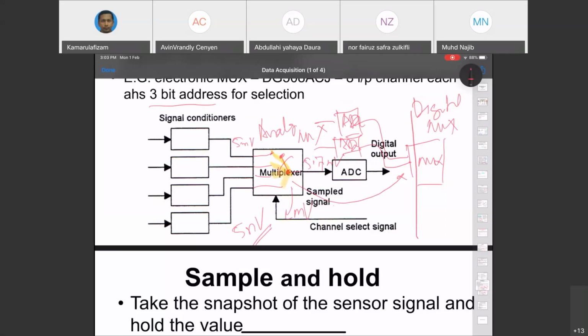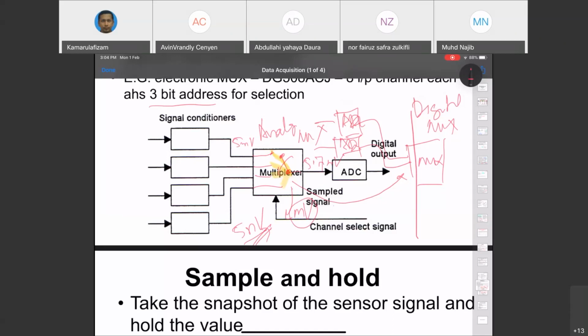For example, you are expecting something at nanovolt to be displayed on your computer, because you want to detect something at nanovolt, but your multiplexer is so noisy. It introduces noise in millivolts, so your information in nanovolts will be buried and lost.